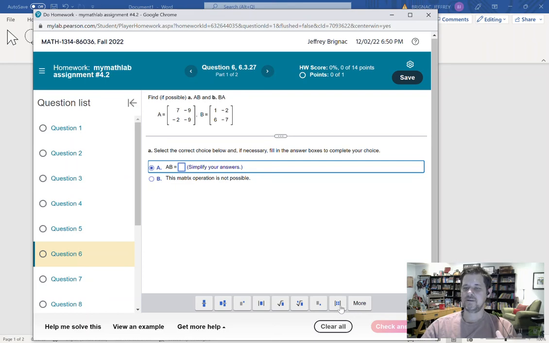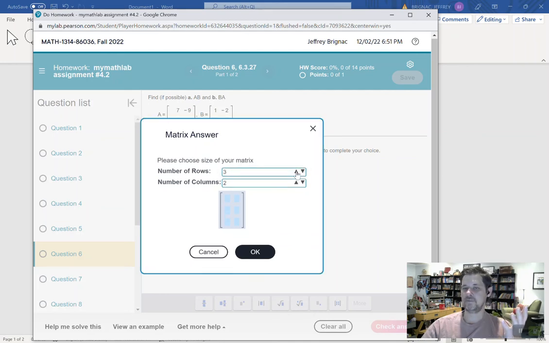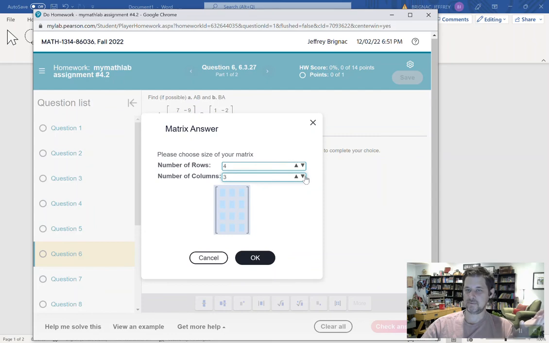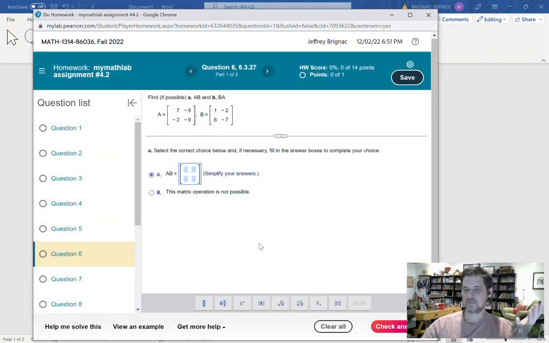And I need to find a way to put a matrix in. So it looks like it's going to be this one. Matrix. What was I going to put in? I was going to put in a 2-row, 2-column matrix. That's the default, but I could change that to whatever I needed. Now for me, 2 rows, 2 columns, like so. And I hit OK. And now I have a template for putting it in.